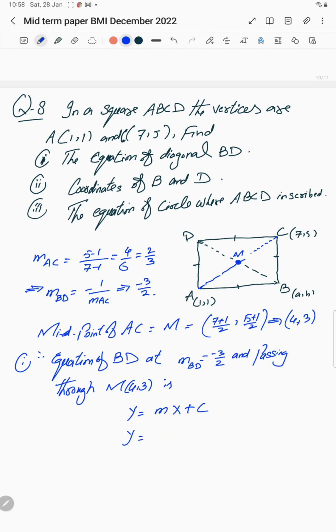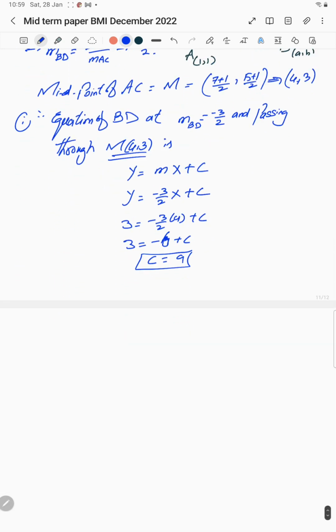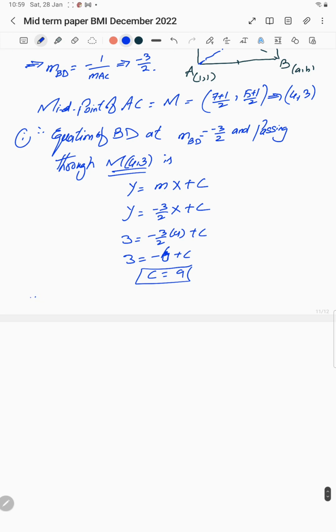So m is minus 3 by 2, x plus c. For c we can replace this point, so 3 is equal to minus 3 by 2 times 4 plus c. 3 is equal to minus 6 plus c, so c becomes 9. Therefore, the equation of BD is y equals minus 3 by 2 x plus 9. This is the first equation.